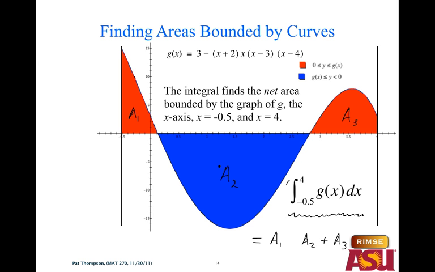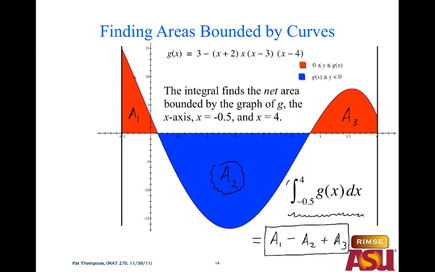So if A2 is a positive area, areas are always positive. So there's that positive region there. But the integral is going to subtract out all that area because g is negative there. So those who said minus, got it. So that integral would calculate A1 minus A2 plus A3. And that's what that integral will calculate.